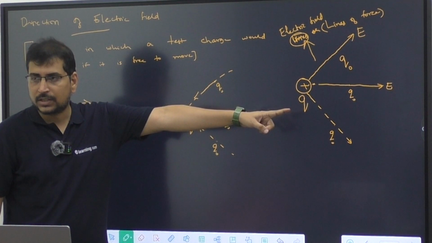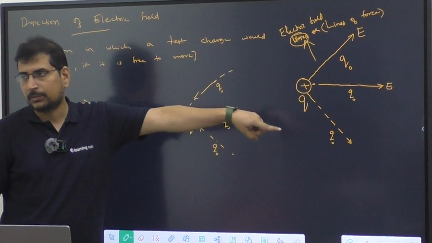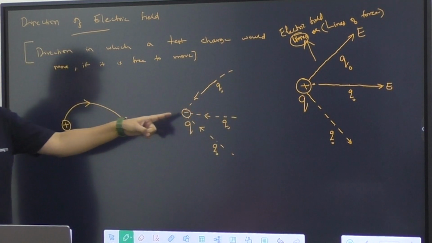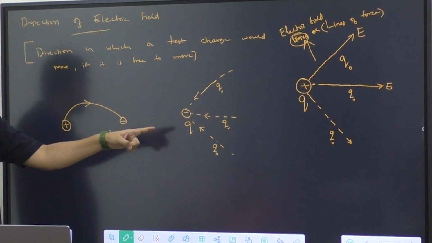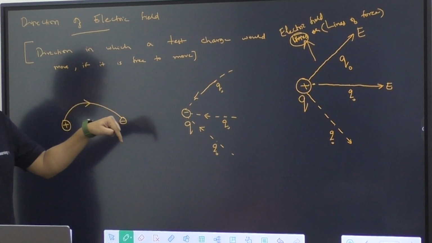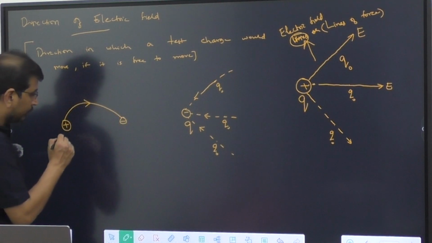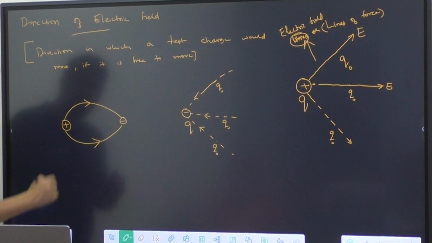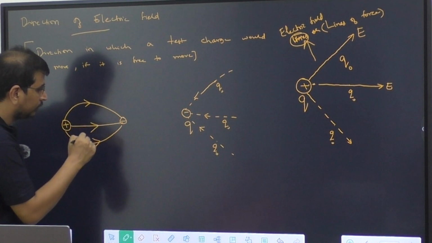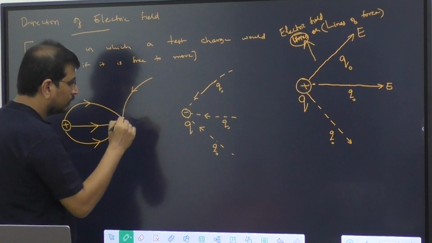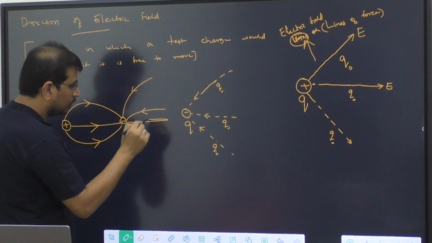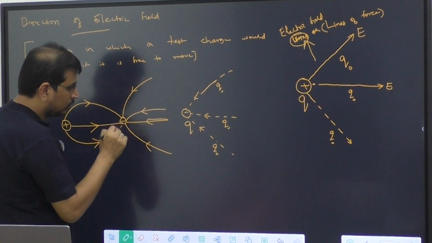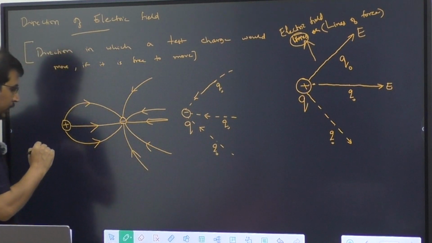Electric field due to a positive charge is away from it. What is the negative charge telling me? Electric field due to a negative charge is towards it. So it starts from a positive charge and ends at a negative charge. So here also the same thing happens. So it will be something like this, going like this.